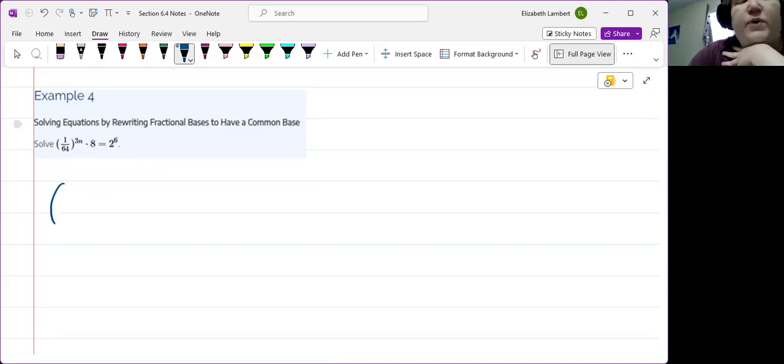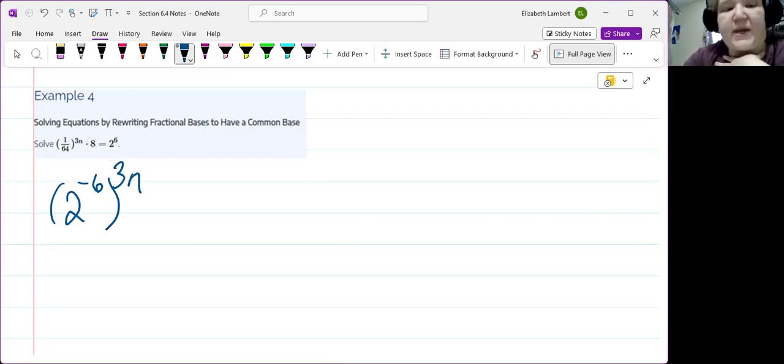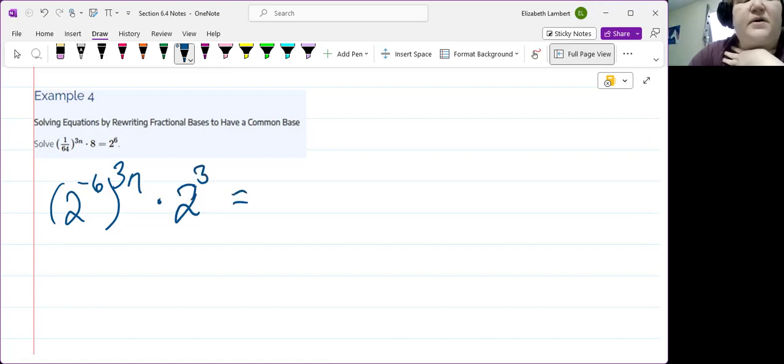So I can rewrite 1 over 64 as 2 to the negative 6th, equals, or not equals, sorry. So I have 2 to the negative 6th, and then that is raised to the 3n times the 8 is the same as 2 to the 3rd. And then the 2 to the 6th is in terms of 2.